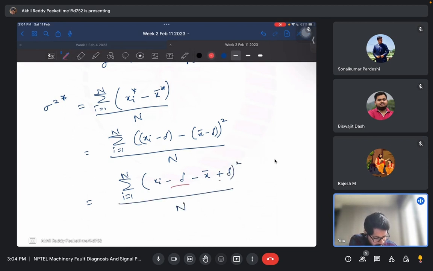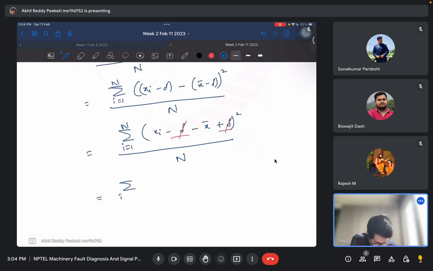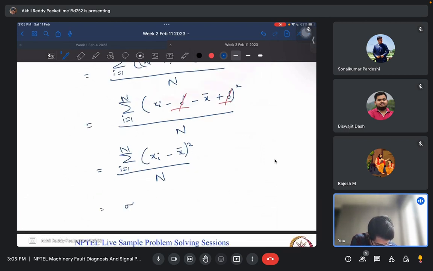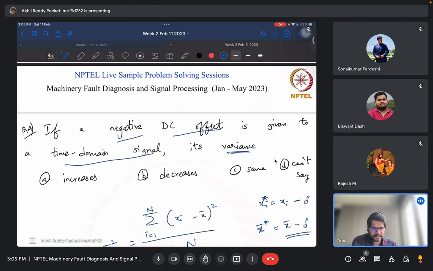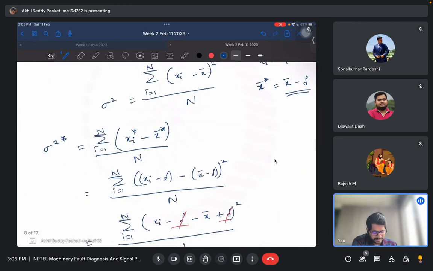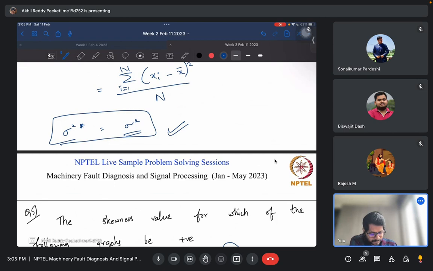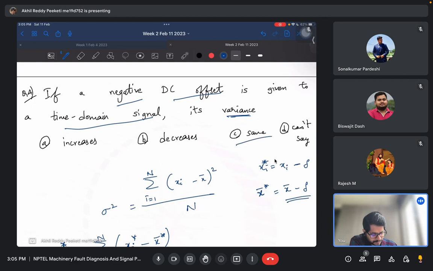So you see minus delta and plus delta get cancelled. At the end you again have the sum of (xi minus x bar) whole square by n, which is the same as sigma square. So when you add or subtract something to the existing data, the variance doesn't change. It remains the same.